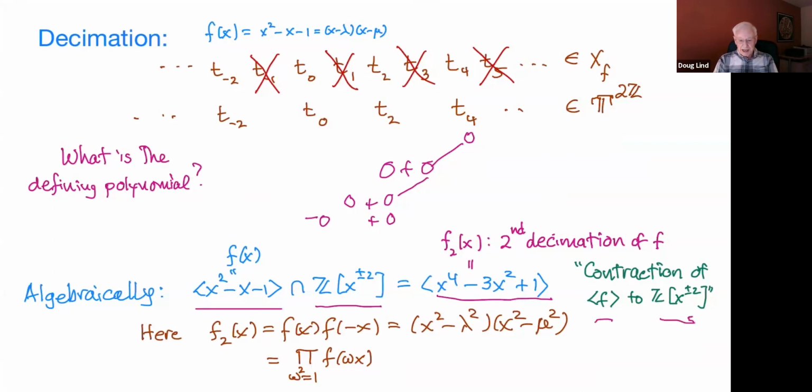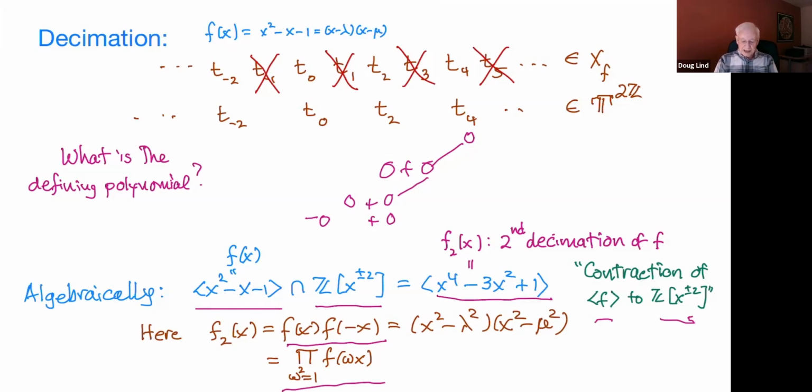And you can obtain this polynomial in a different way. And that's just to multiply f of x times f of minus x. If you multiply that out, you'll get exactly f2. And I'm going to write that suggestively as the product of f of omega x, where omega is one of the square roots of 1.